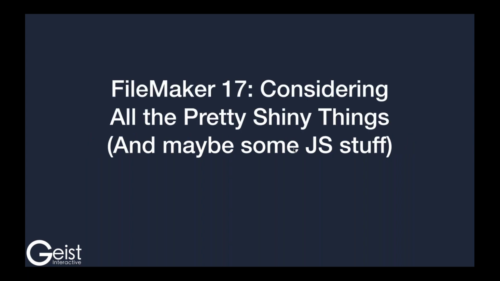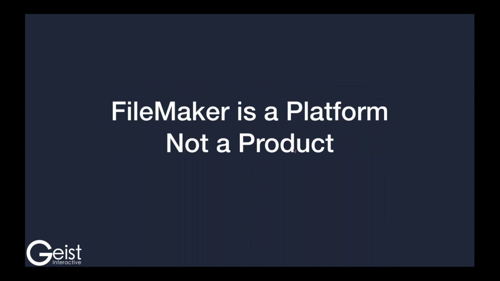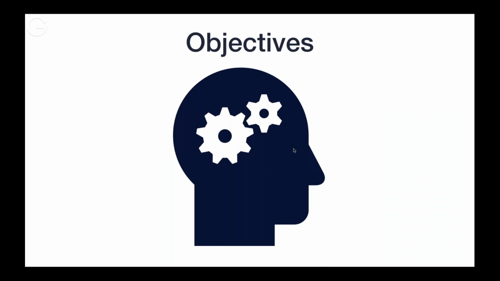Today, we're going to take a look at FileMaker 17, considering all the pretty shiny things. And maybe some JS stuff if we have some time. More than just a laundry list of features, I don't want to go through just all the features and demo those because they're boring. I will demo them, but what I'd like to do during this time is talk about how we can possibly use these features and think about some timing involved in this.